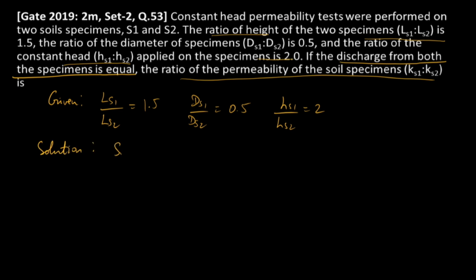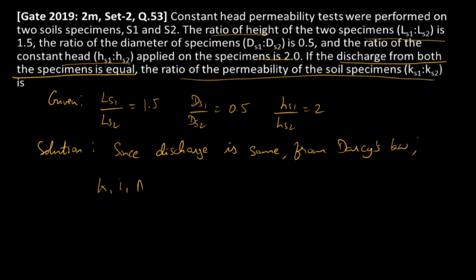Solution. Since discharge is the same, from Darcy's law, K1 I1 A1 equal to K2 I2 A2.